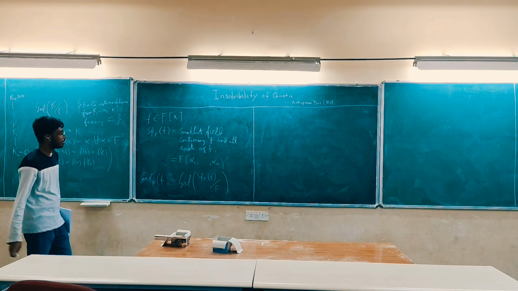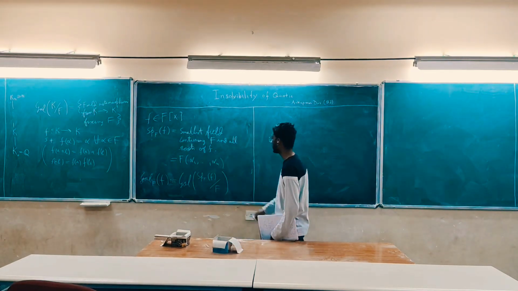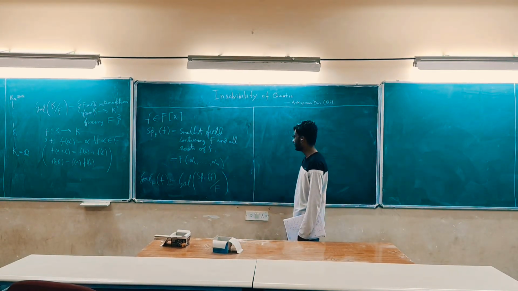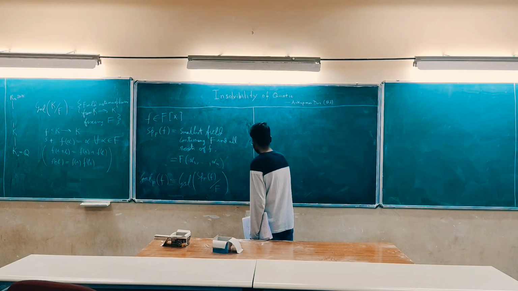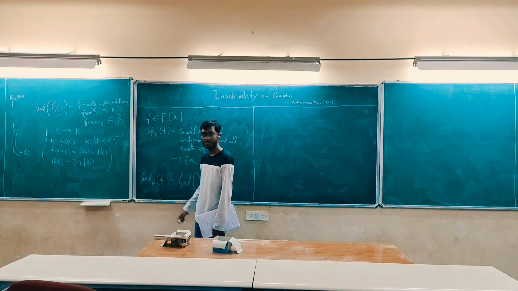Why am I considering this definition? The consequence of this definition is that the Galois group permutes the roots of f in a certain way.